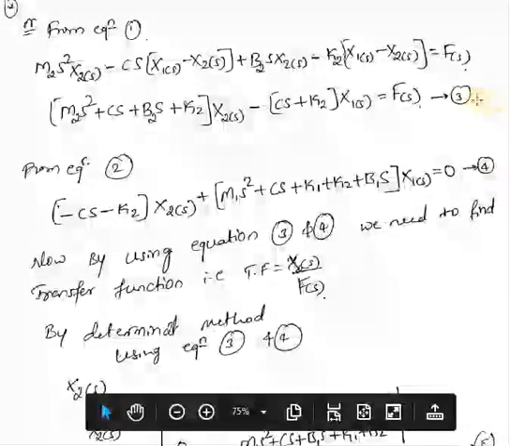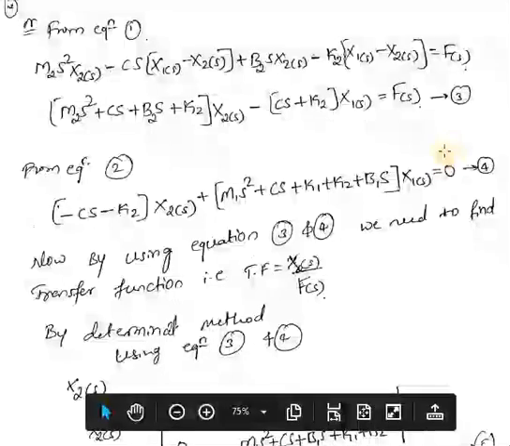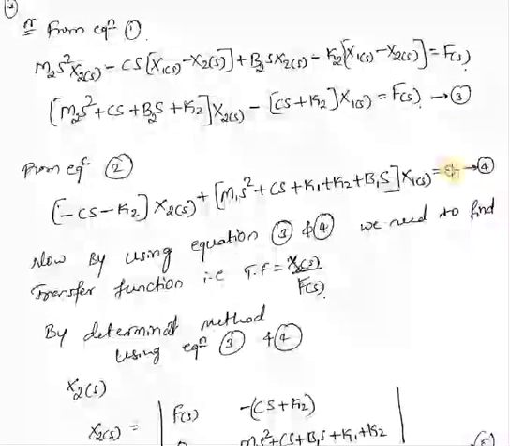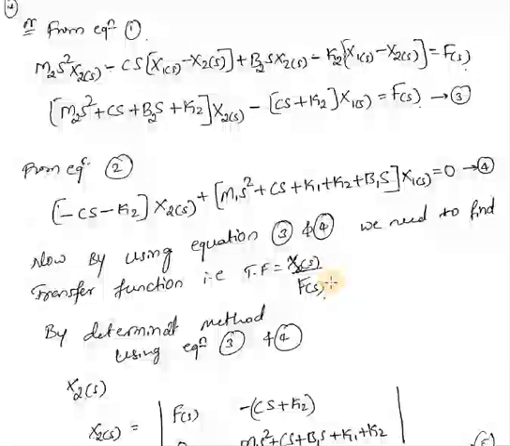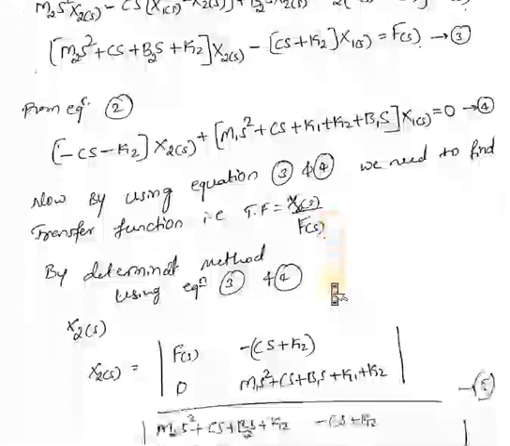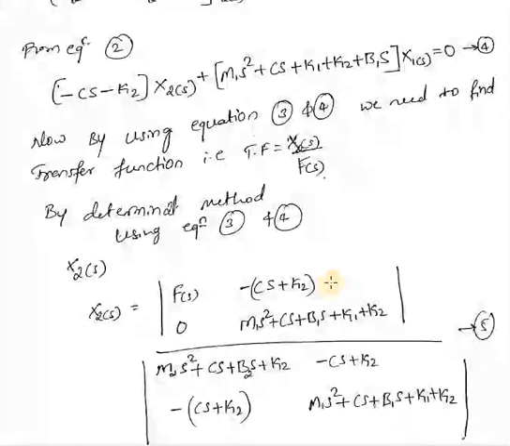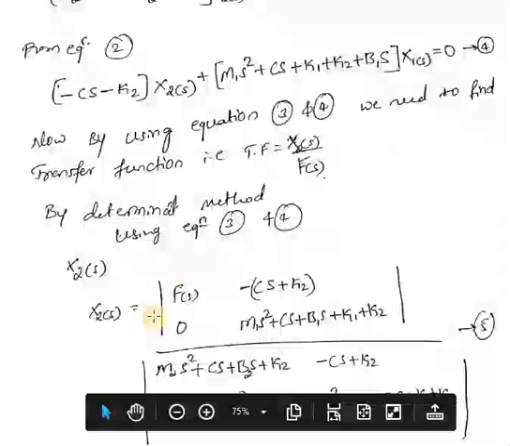Now by using these two equations, we need to find out the transfer function. So here transfer function means output by input. Here output is x2 of s, input is f of s. To get this ratio, we will try to use the determinant method. So here we want the ratio of x2 of s by f of s. So we will write the determinant equation for x2 of s.